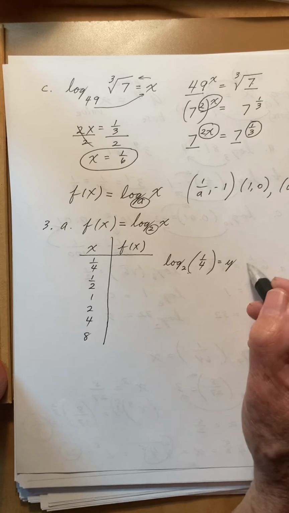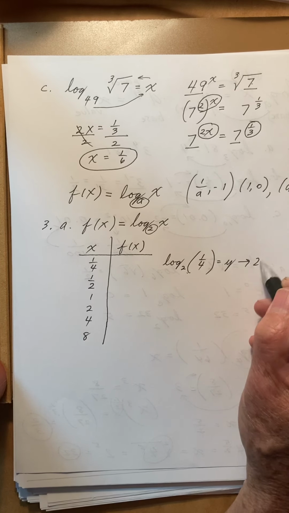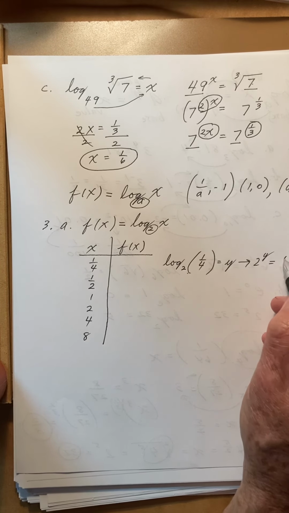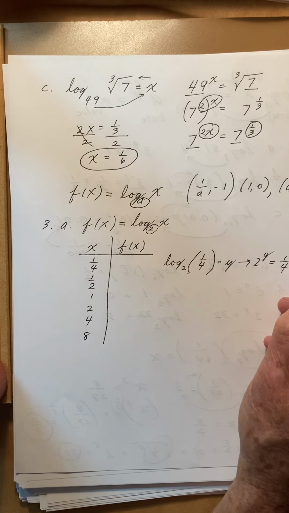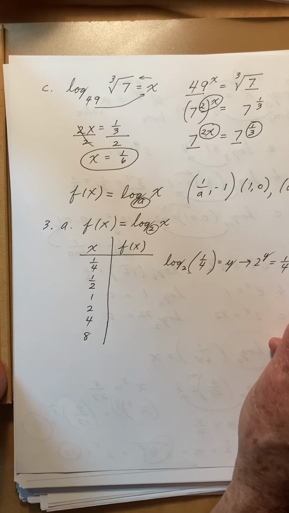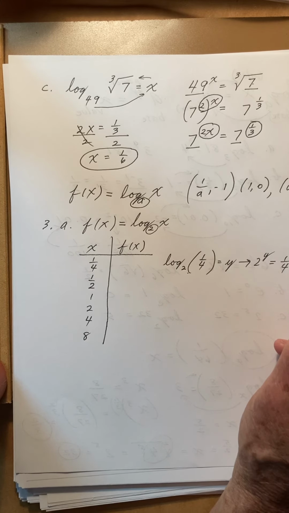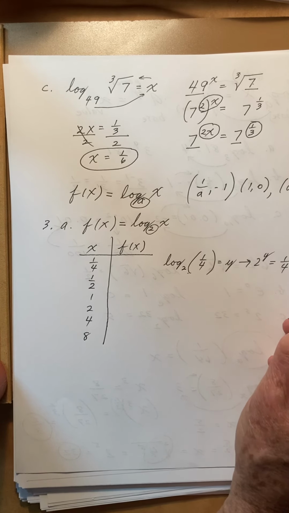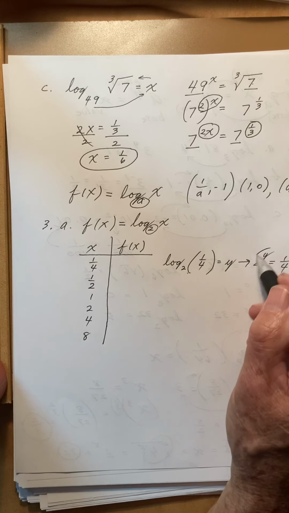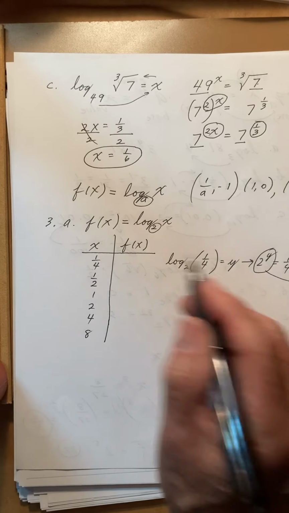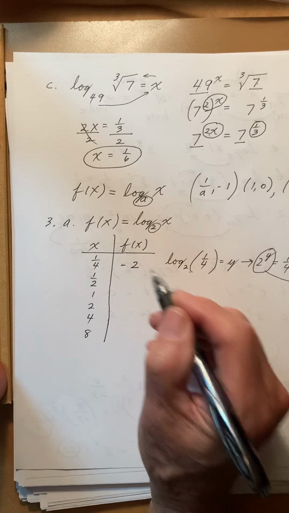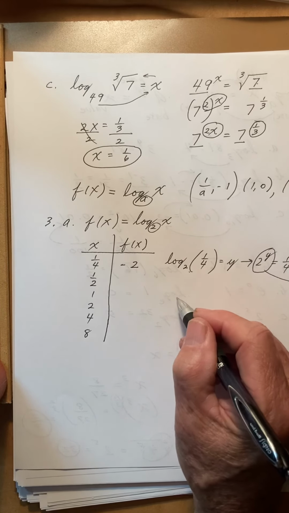So that becomes 2 to the y equals 1/4. 1/4 is the same as 1 over 2 squared, which is the same as 2 to the negative 2. So 2 to the y is the same as 2 to the negative 2, so y is negative 2. I'll do the next one as well.